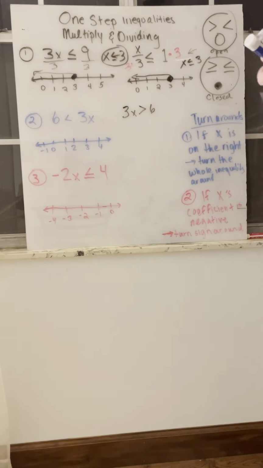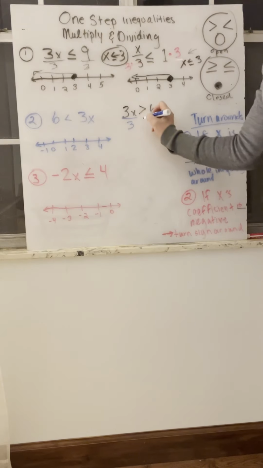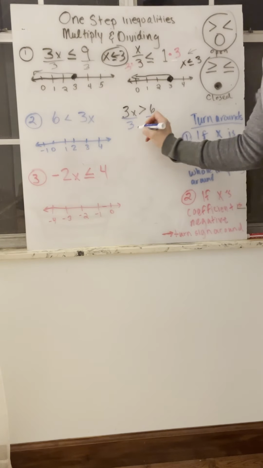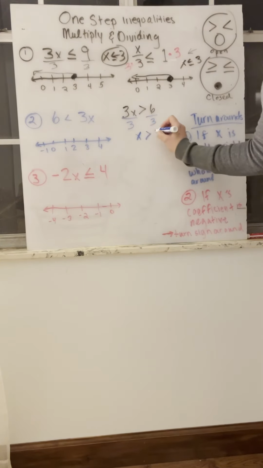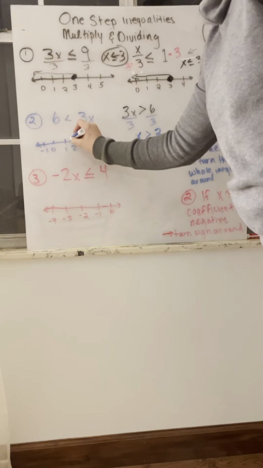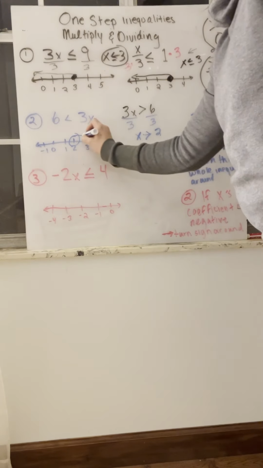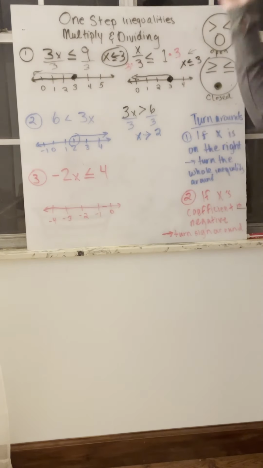Now we can go about solving it. If I divide through by 3, then x is greater than 2. Greater than means an open circle at 2. My arrow is pointing to the right. So that's one turnaround rule.